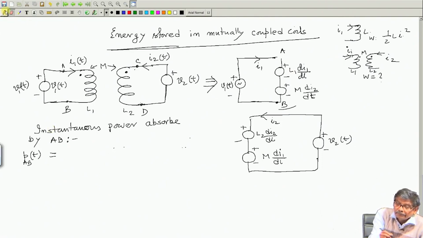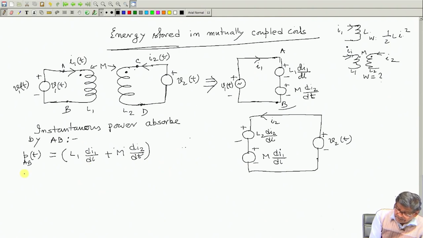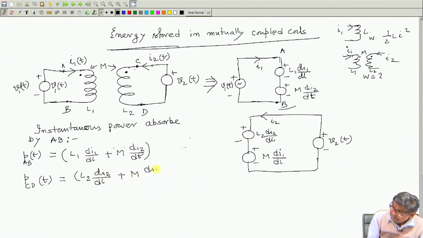So, this will be L1 dI1/dt, the voltage between these two points AB, plus M dI2/dt. Similarly, the power absorbed by CD, the instantaneous power, will be this voltage, that is L2 dI2/dt plus M dI1/dt.